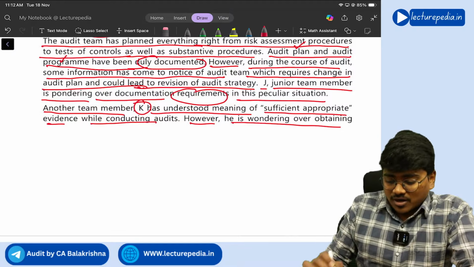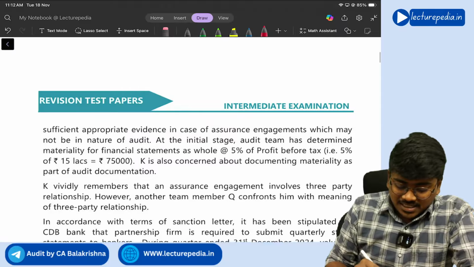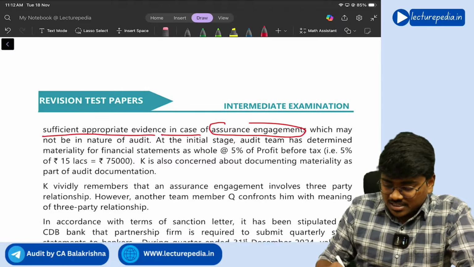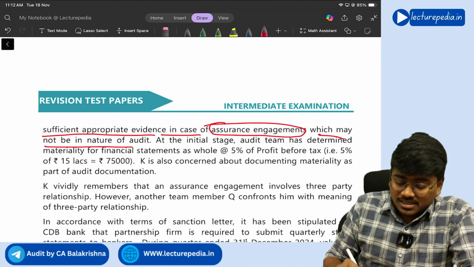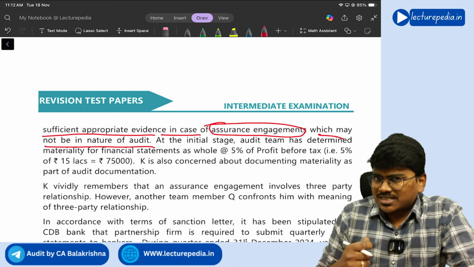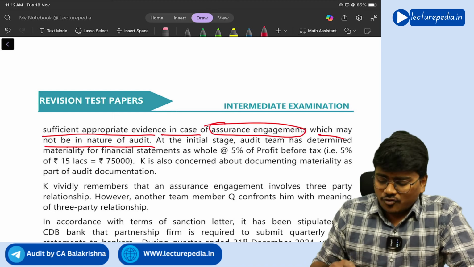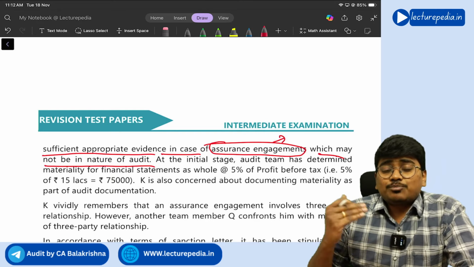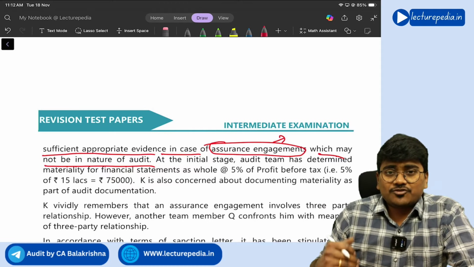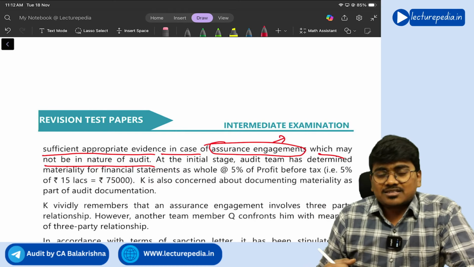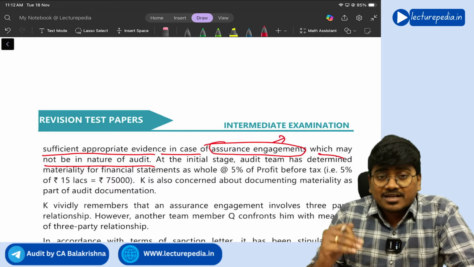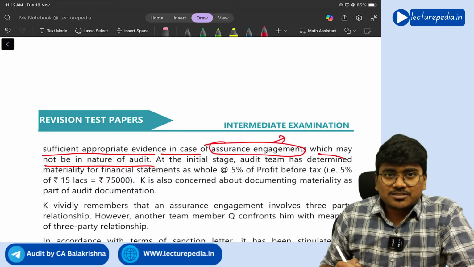However, he is wondering about obtaining sufficient appropriate audit evidence in case of assurance engagements which may not be in the nature of audit. Assurance engagements not in the nature of audit means, like, if you provide assurance on prospective financial information, if you provide assurance on any internal control, right, and review where you provide limited assurance engagement, right.